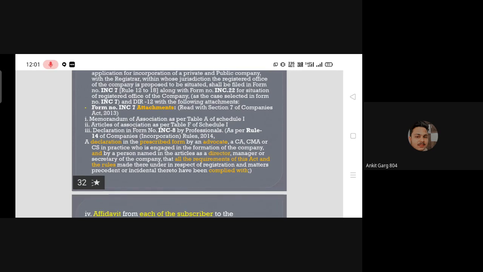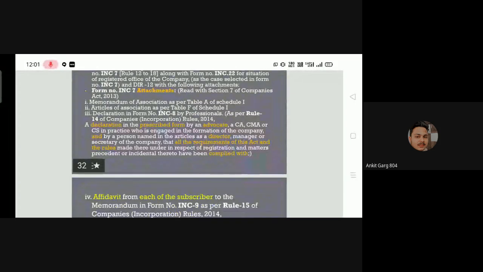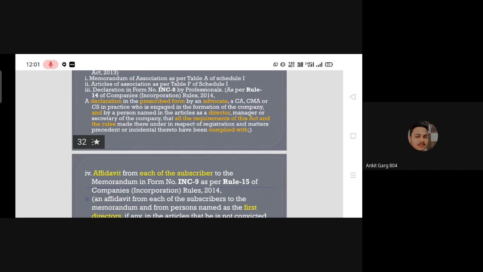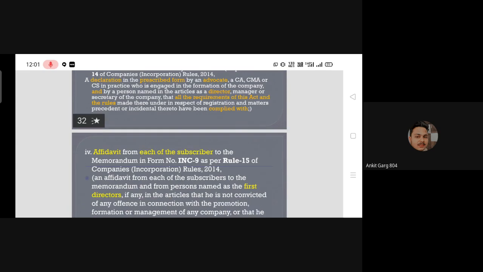Declaration in Form INC 8 by professionals: a declaration in the prescribed form by an advocate, a CA, CMA or CS in practice who is engaged in the formation of a company, and by a person named in the articles as a director, manager, or the secretary of a company, that all the requirements of this Act and the rules made thereunder in respect of registration and matters precedent or incidental thereto have been complied with.